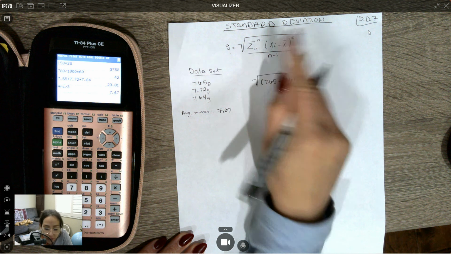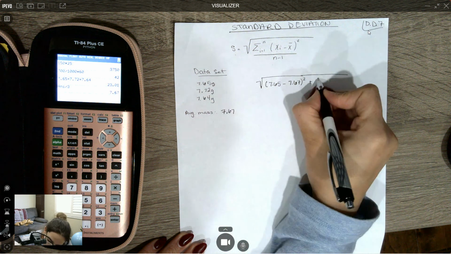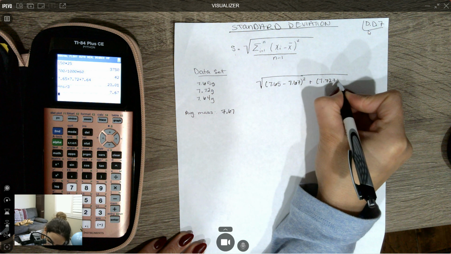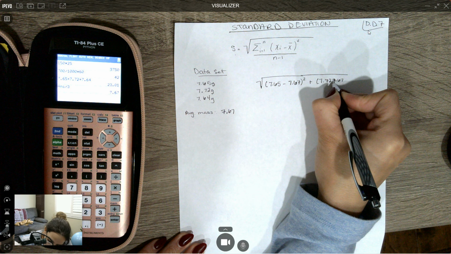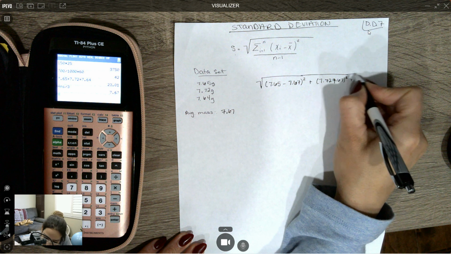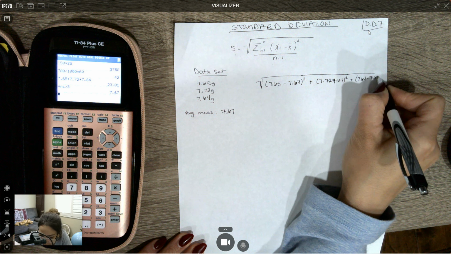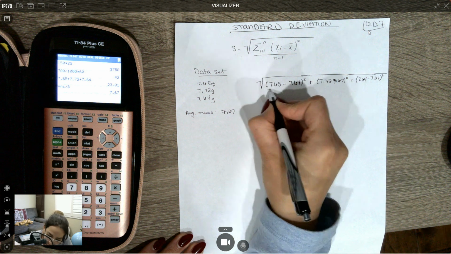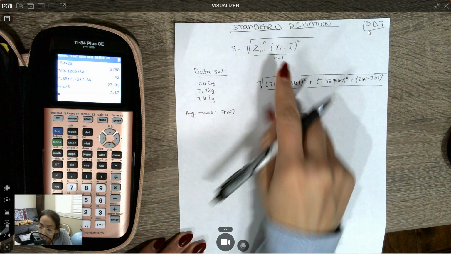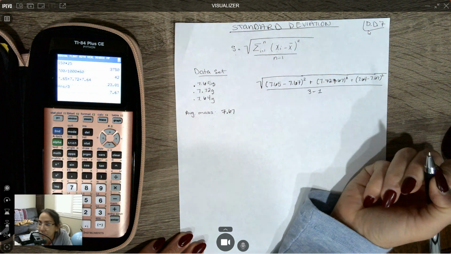And this is the sum of, so we're going to add it to the next data set, which is 7.72 minus our 7.67 squared, plus our third data set, which is 7.64 minus 7.67 squared. All of this we're going to divide by n minus 1, which is the number of data sets we have. We have 1, 2, 3 data sets minus 1.